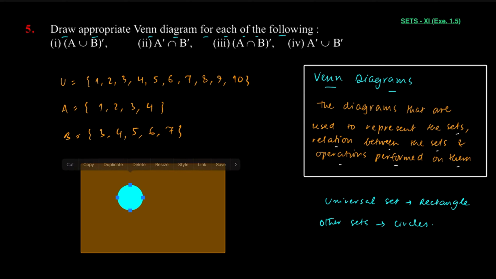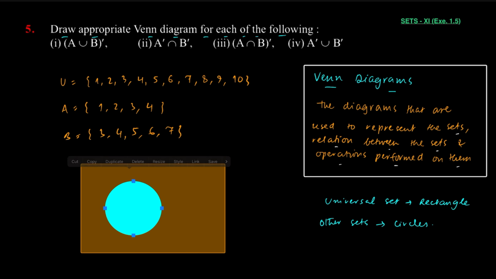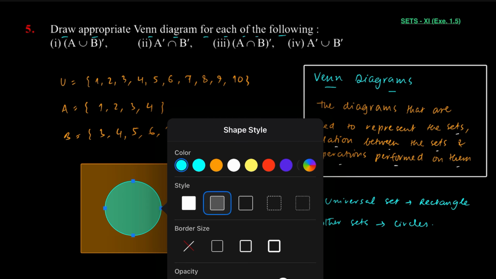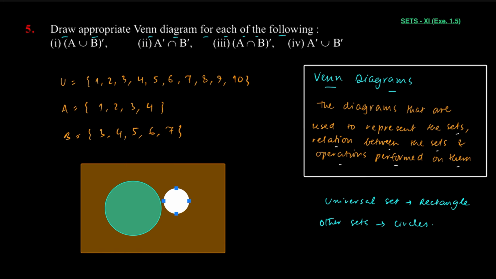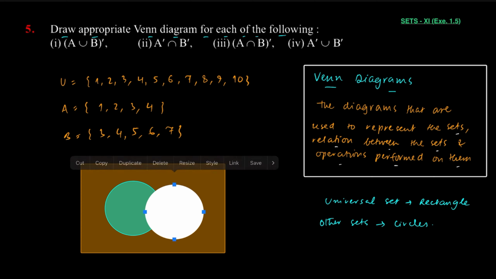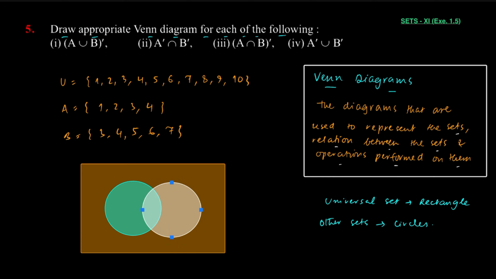Let this circle represent our set A. And this circle represents our set B. So therefore, this is our universal set.